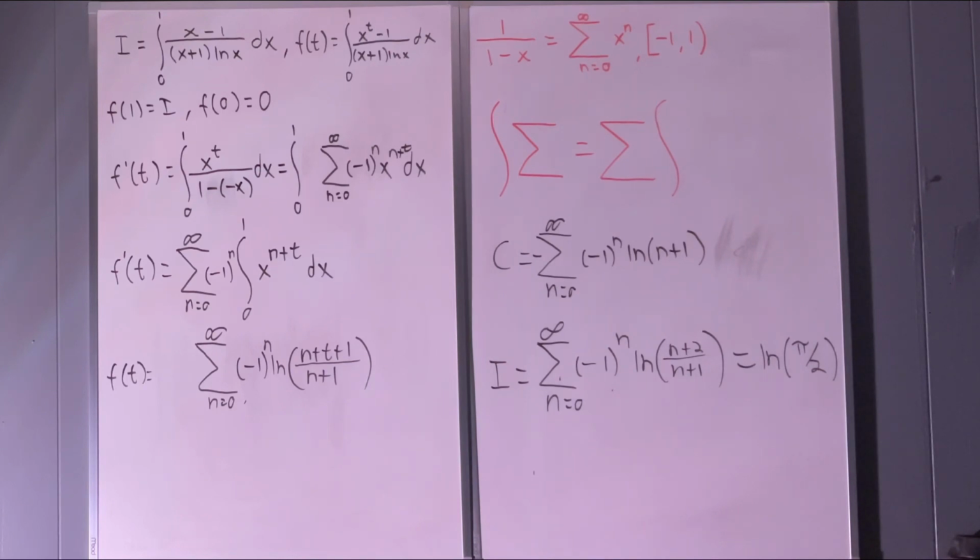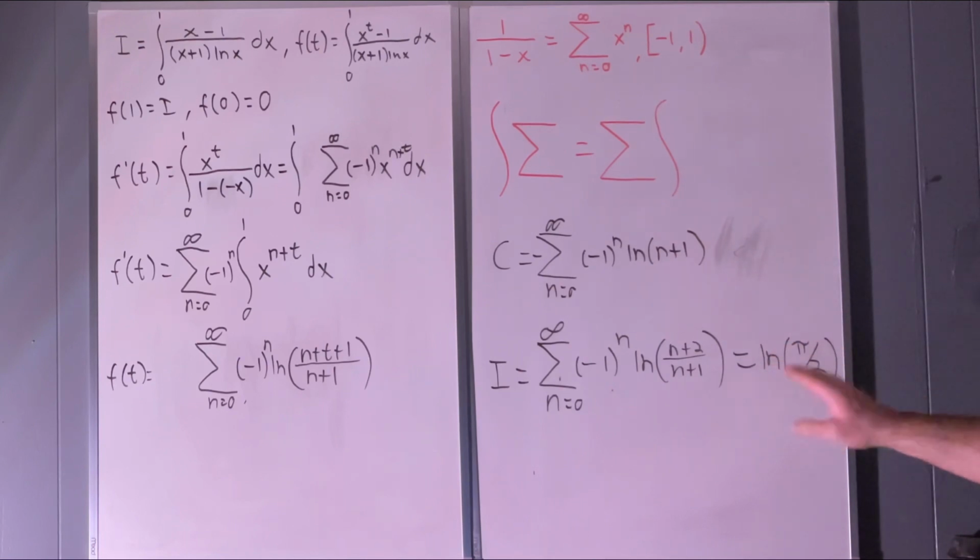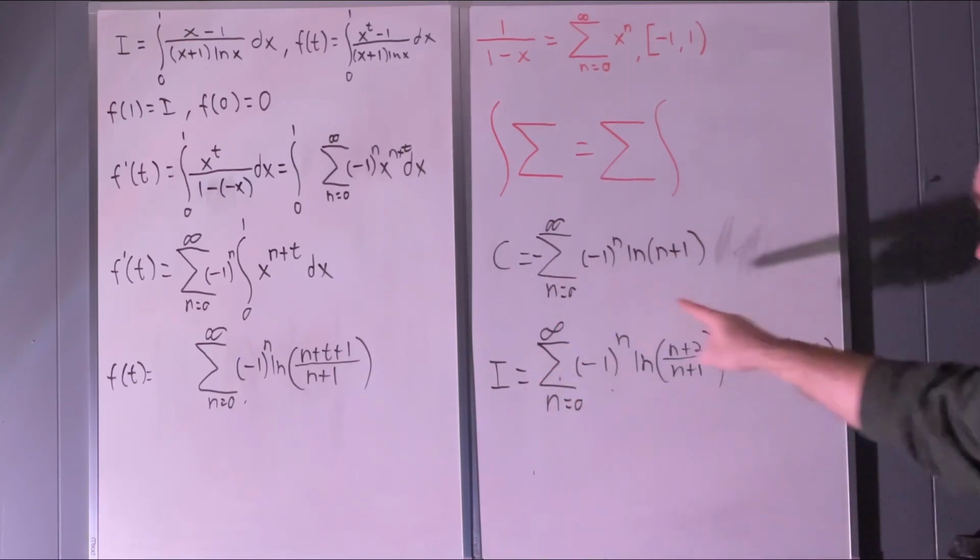What is the natural log of pi over 2? Yeah, that's it. That's what he got, and it turns out that it is equal to this.